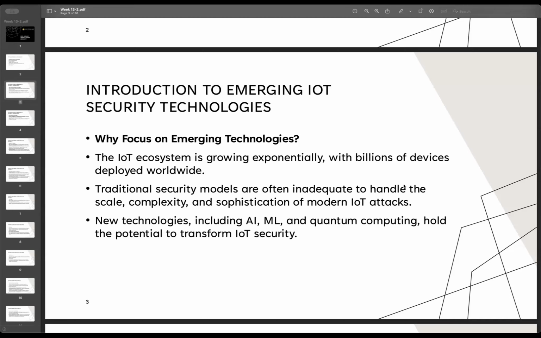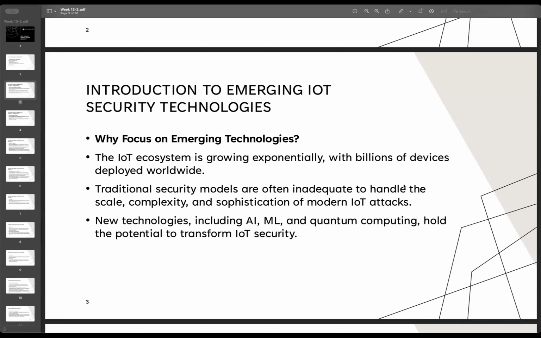Okay, so we are not really using outdated firmware or outdated techniques to do the study, or security issues that have already failed. We need to know, but we need to focus more on what the new technology is and what its potential is, so that maybe we can transform IoT security.